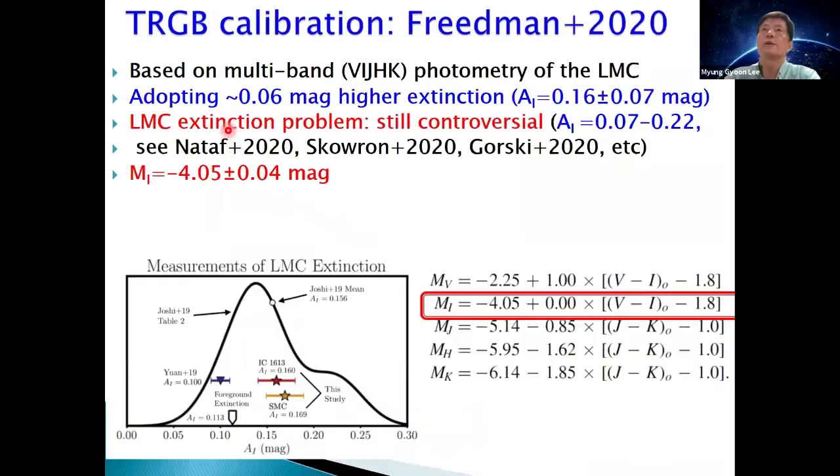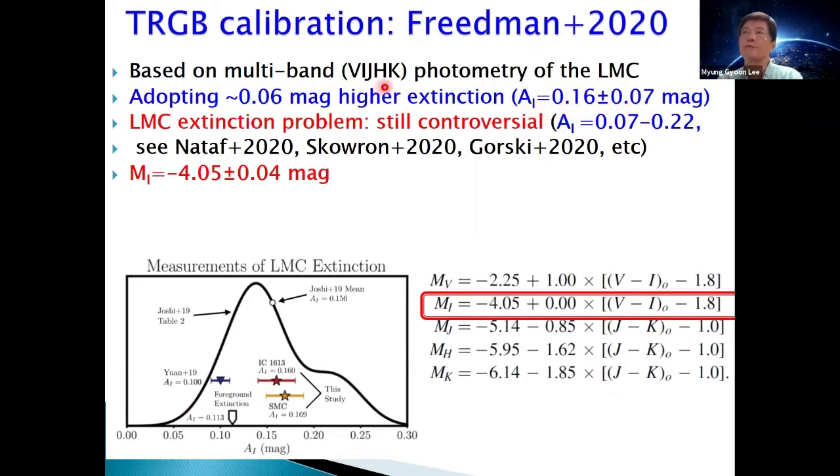And 2 years later, Jang and Lee 2017 provided another TRGB calibration based on multiband VIJHK photometry of the LMC. But here, they adopted a slightly higher extinction for the LMC. The extinction value in the I band is 0.116 plus or minus 0.07.